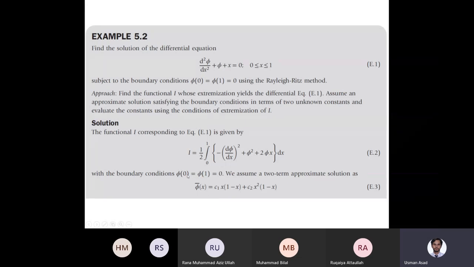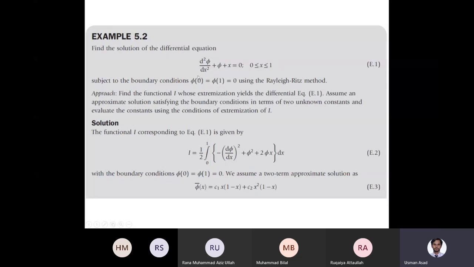So when I plug in x is equal to 0, both of these go to 0 as they should. Boundary conditions say that phi of 0 is equal to 0. Here if I plug in x is equal to 0, this becomes 0 and this also becomes 0. And when I plug in phi of 1, it also becomes 0 because here there is 1 minus x and here also 1 minus x, okay? So both of these terms do indeed go to 0.